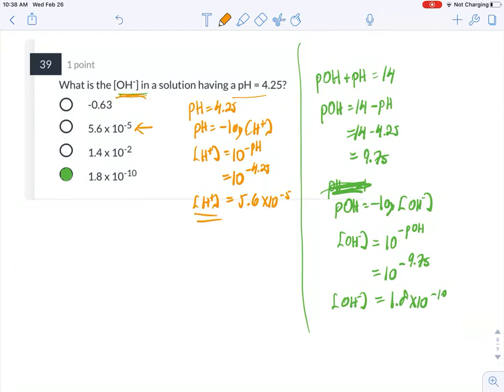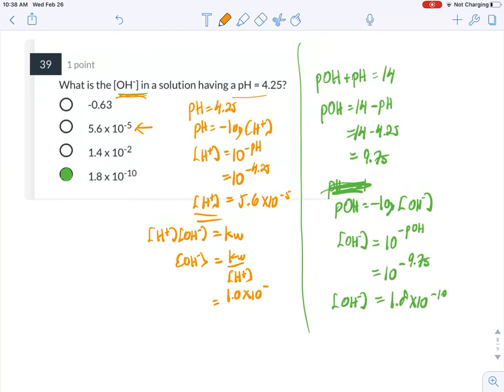Okay? Now step 2 is to recognize and use the Kw. The concentrations of these two guys here is going to be equal to Kw. And we can solve for hydroxide as so. All right? And then the Kw is a constant that's given to you on all exams and in the appendix.